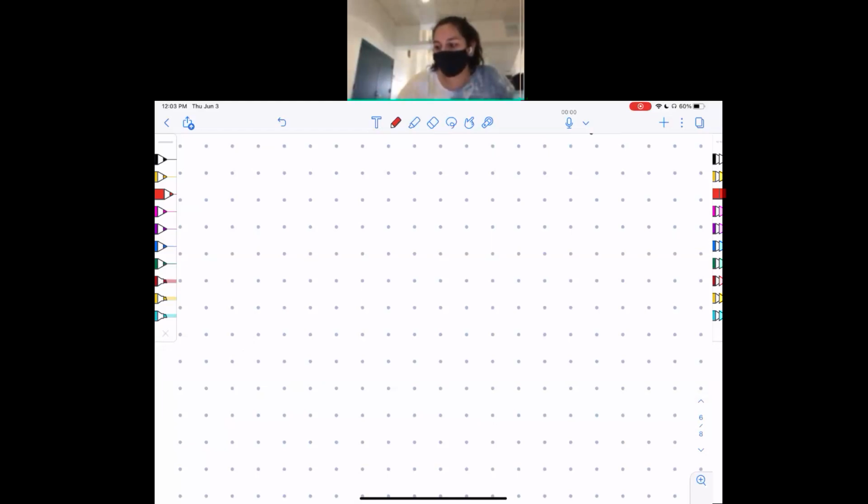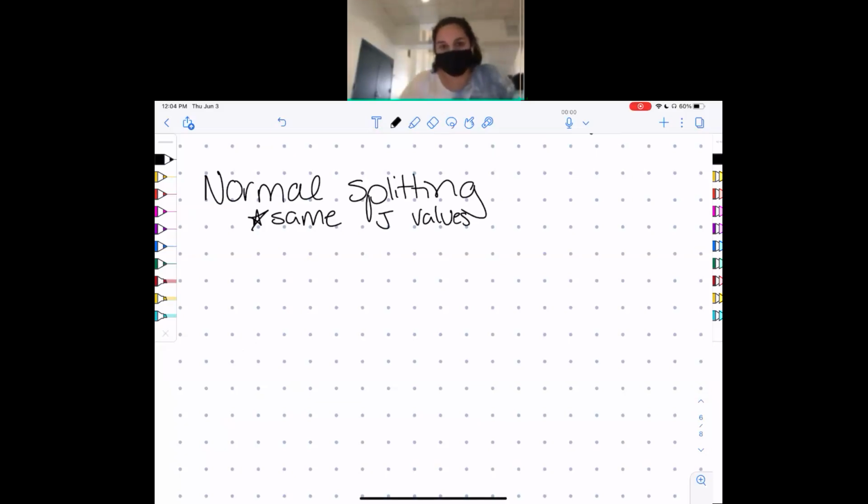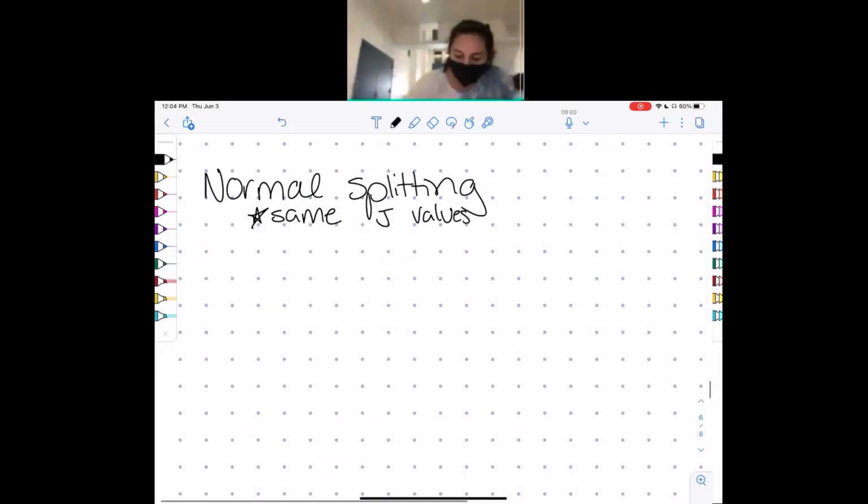Yes, coupling. So I'm going to give you two molecules, and we're going to do normal and complex splitting. So normal is between same J values. And so, for example, let's say I have a molecule like this.